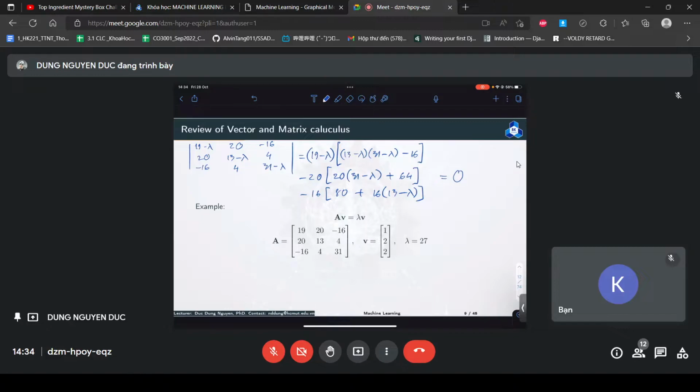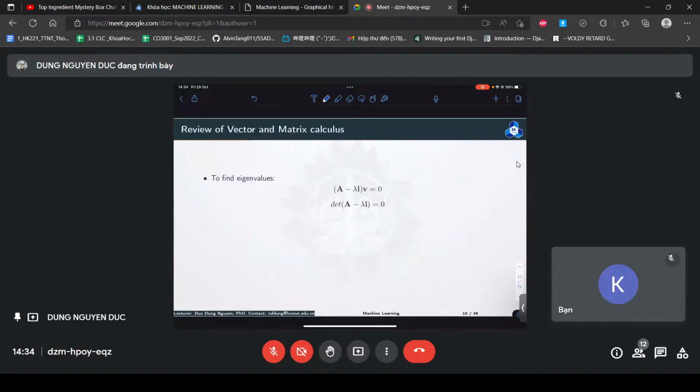Anyway, if you have lambda, you take it back into the equation, you can compute b. That's no trouble. Okay, so that's it for the eigenvalue and eigenvector. Now they implemented those things in libraries a long, long time ago. So all we have to do is use it, but you have to understand how to calculate.